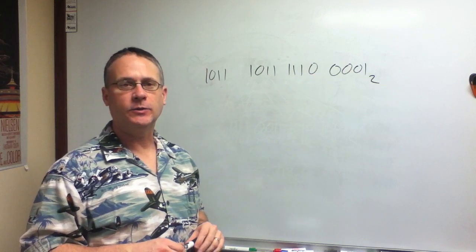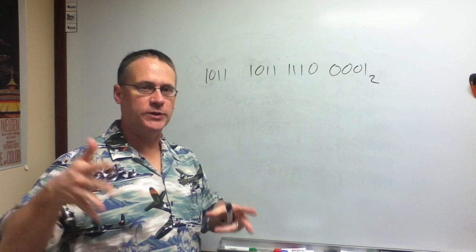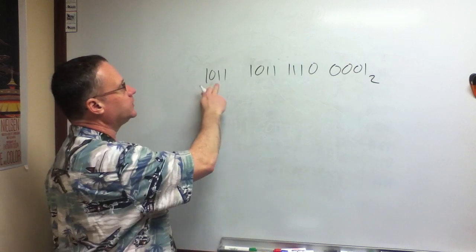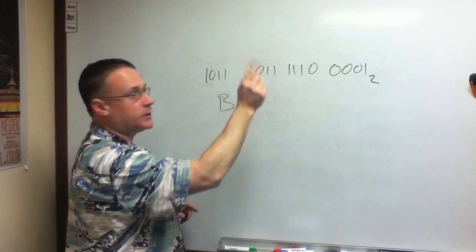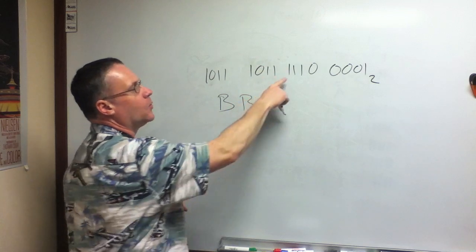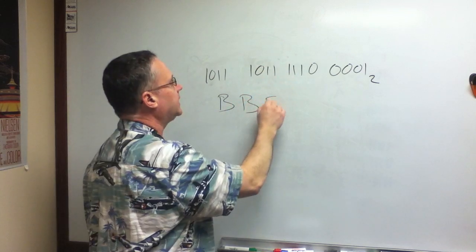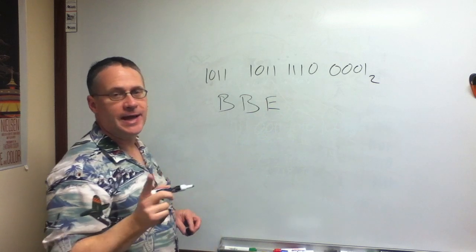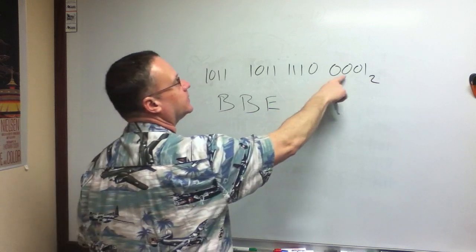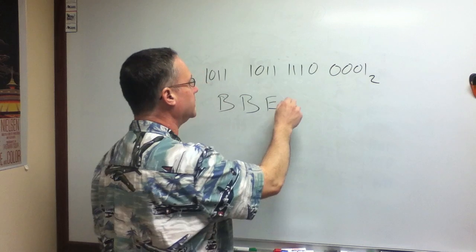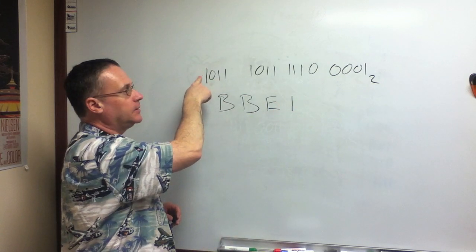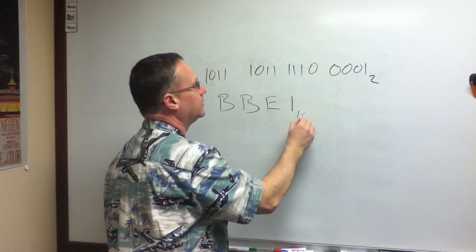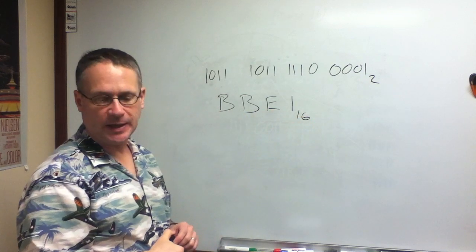Whenever you're looking at this, you have to look at it in groups of 4. Well, 1011 is a B in the table. 1011 is also a B. 1110 was an E in the table. And last but not least, 0001 in the table is a 1. And so this value in binary is equal to this value in hex, BBE1.